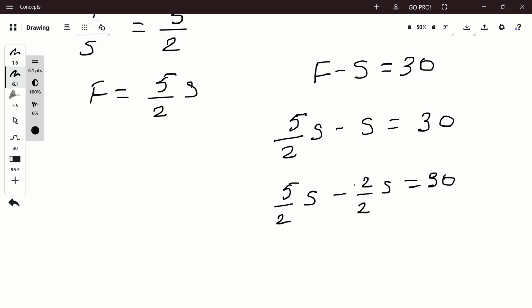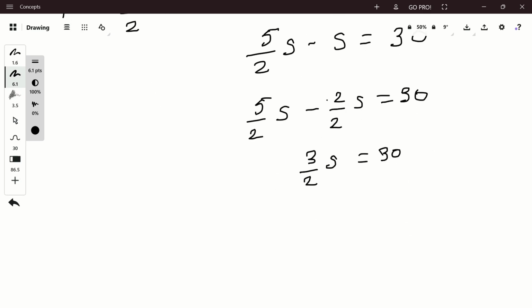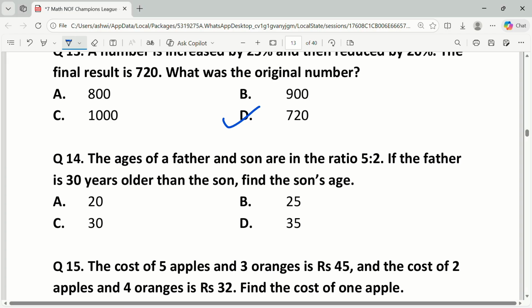That is 3 by 2 S is equal to 30. That is S is equal to 30 into 2 upon 3, which is equal to 20. Comparing with the options, the answer is A, 20.